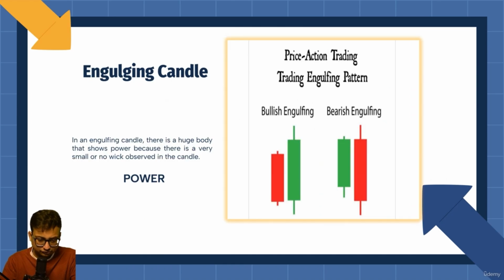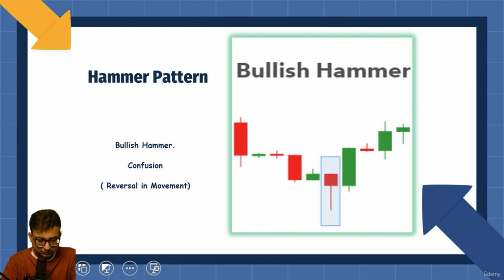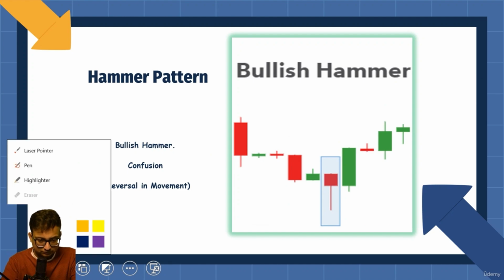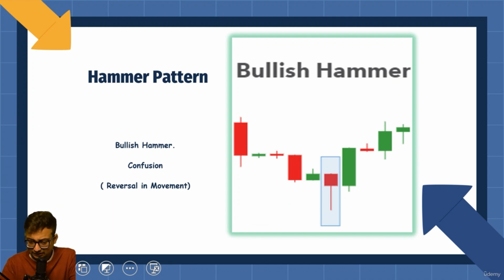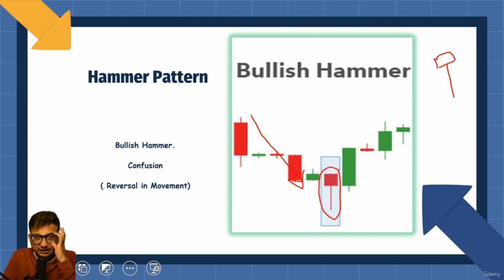This was a bearish market, right? This was a bearish market, and if you see a candle like this, then this is the indication that there is a confusion in the market.